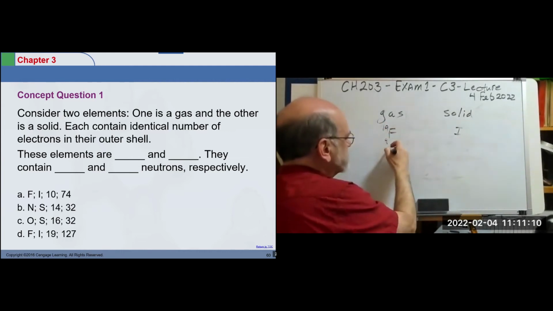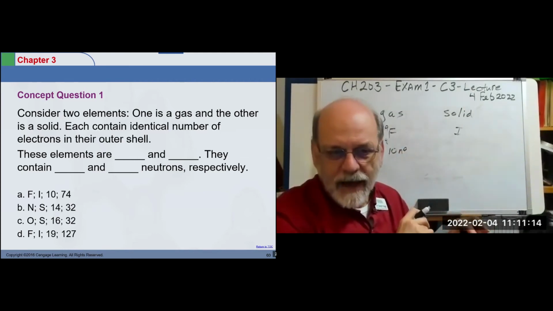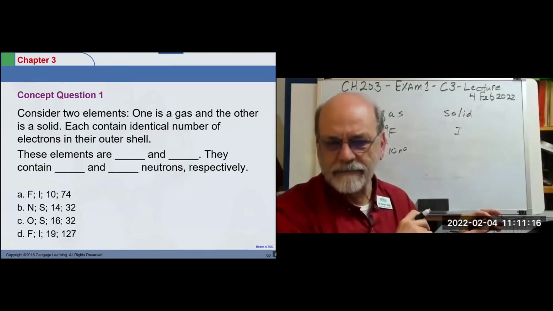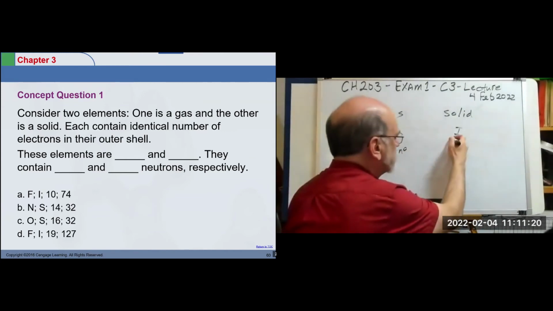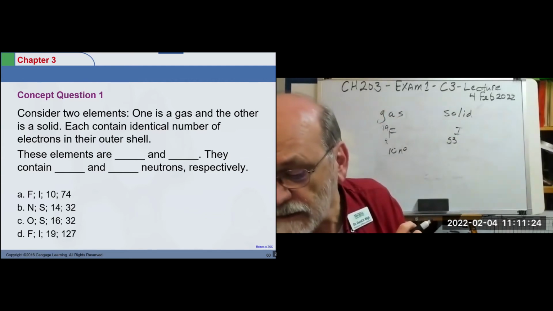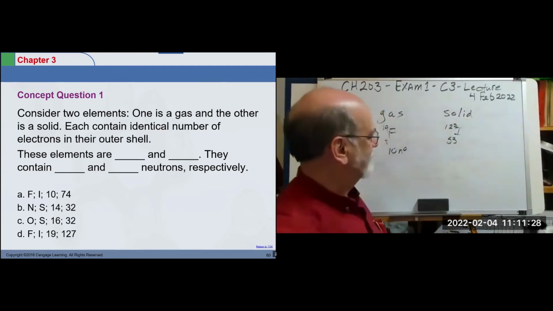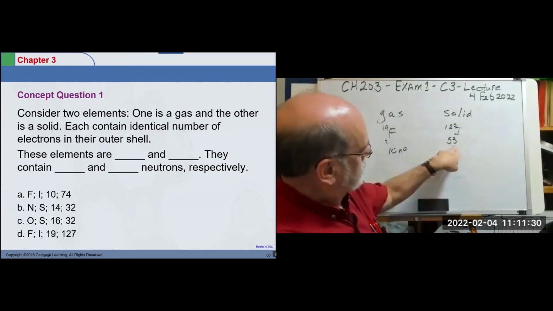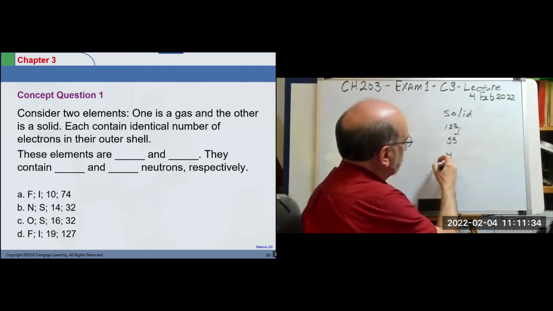So yeah, 10 neutrons, that's possible. How about iodine? 74 neutrons? Well, iodine is 53, and the common isotope is 127, so 127 minus 53 is 74 neutrons.